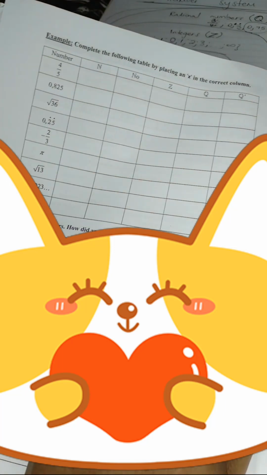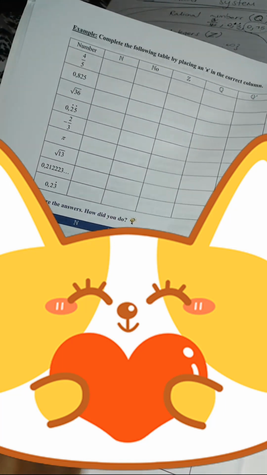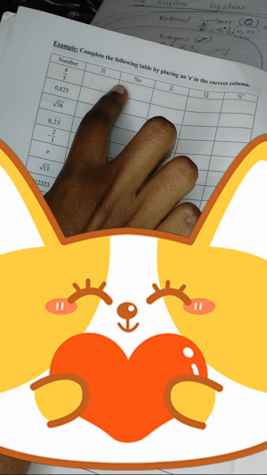Okay, now we are done with the number system. So all you can do is copy this table, or if you have the study guide, you can use it to fill in this table. You can copy the table and then complete it.